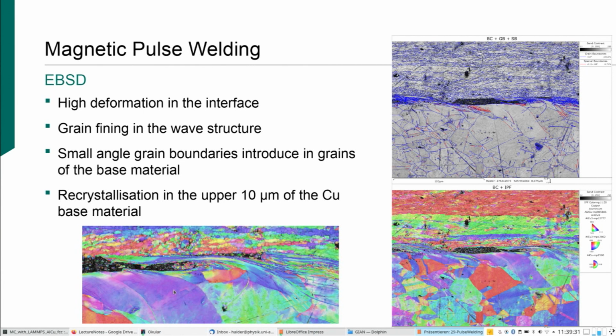While here it's coarse-grained, but you see an extreme deformation of the grains. So apparently there's a shear deformation on the copper side and some process taking place in the aluminum side, I would say. Here in this region you even find smaller grains.